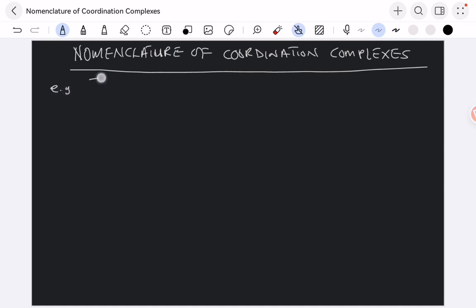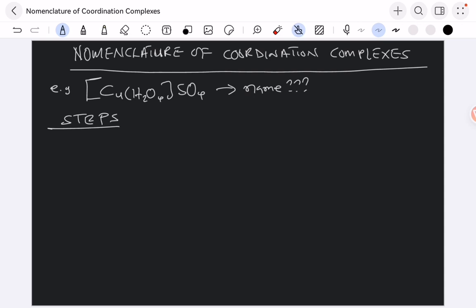For example, if they give us something like this, how do we go about giving the name to this coordination complex? So this is what we're going to discuss in this lesson today. I will quickly go into the steps.